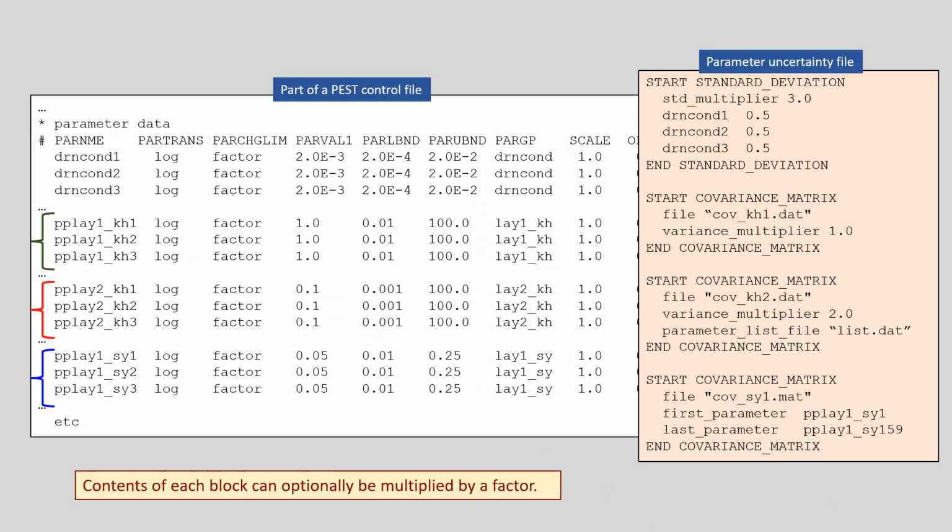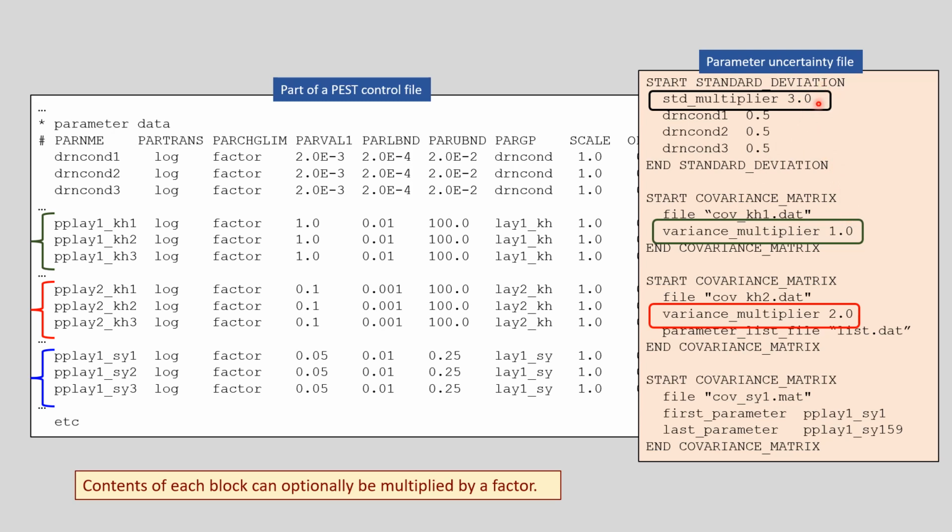Something that may be useful is that optionally included within each one of these blocks may be a multiplier keyword followed by the value of a multiplier. So for example, in this standard deviation block, the multiplier is 3.